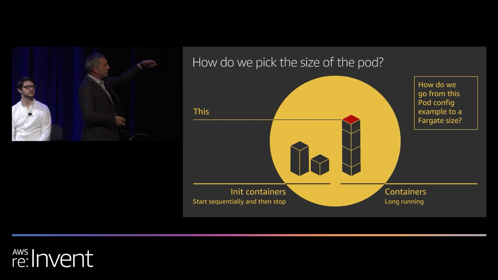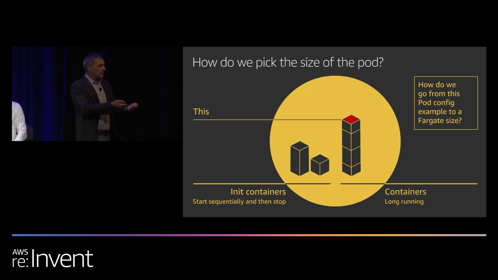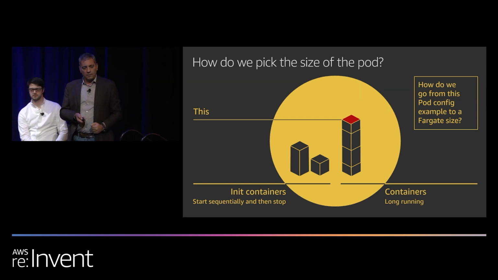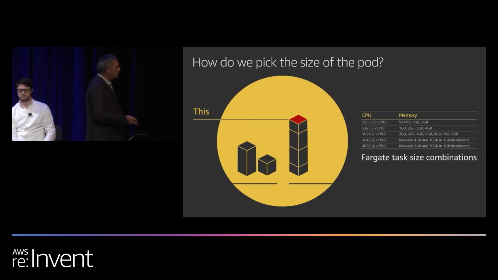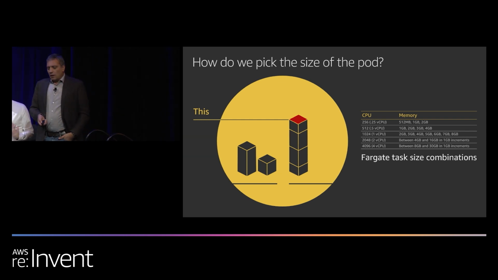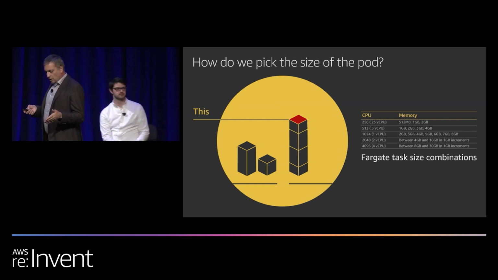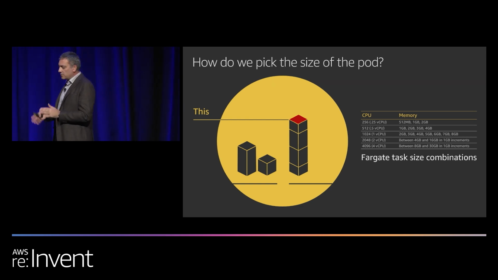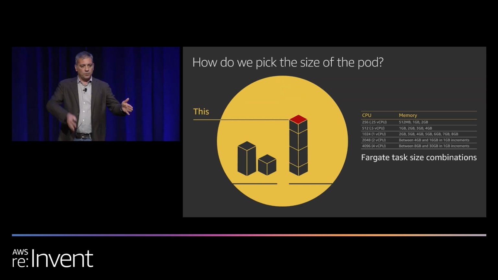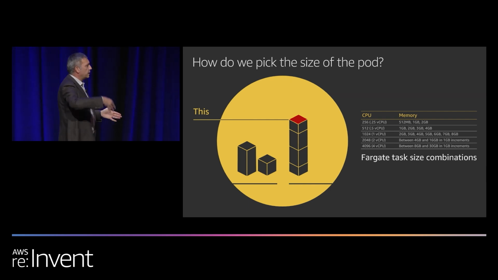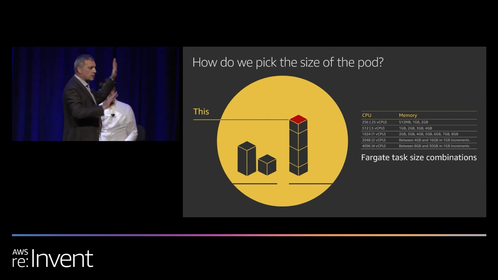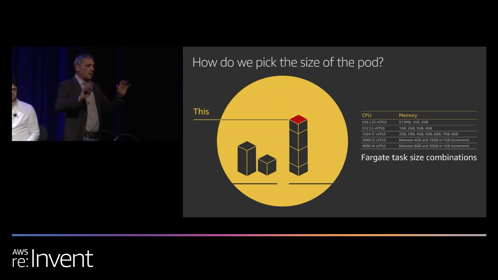So how do we translate that number into a Fargate task size that we document? For those of you that do not know Fargate, Fargate allows you to pick a particular size. You can pick 1 vCPU and 4 GB of memory, or 1 vCPU and 8 GB of memory, or stuff like that, combinations between CPU and memory.